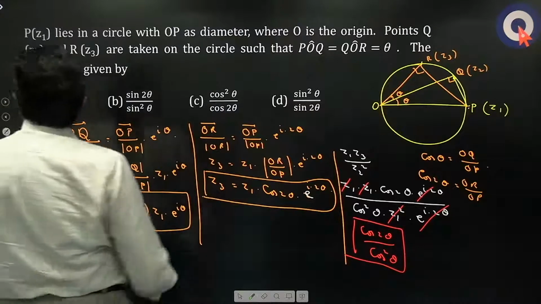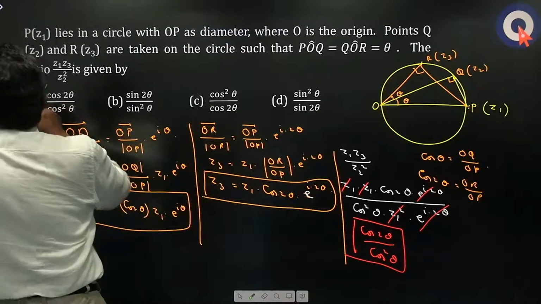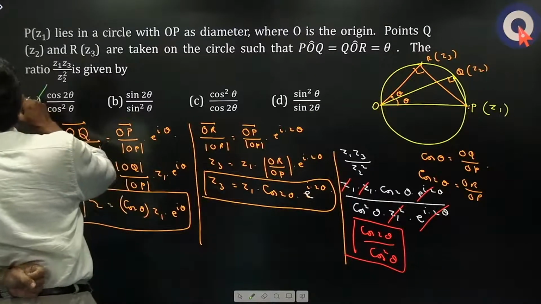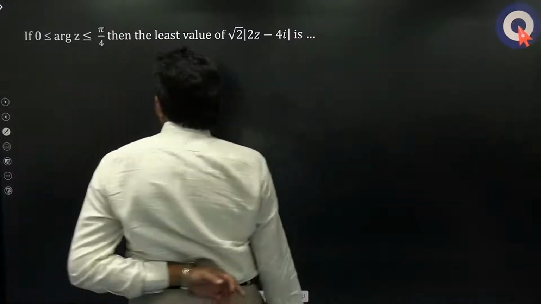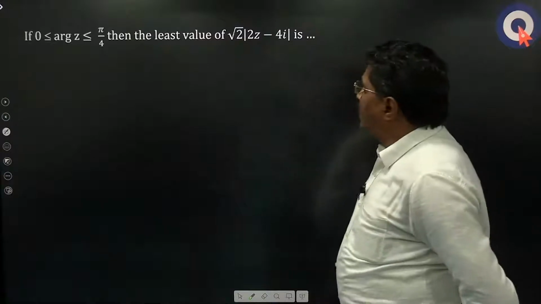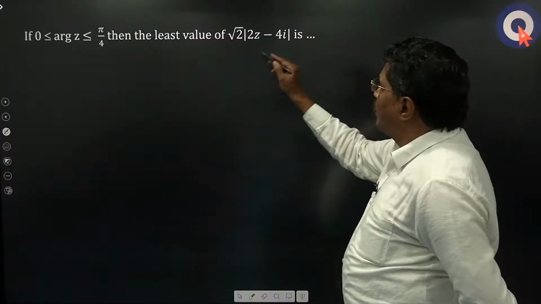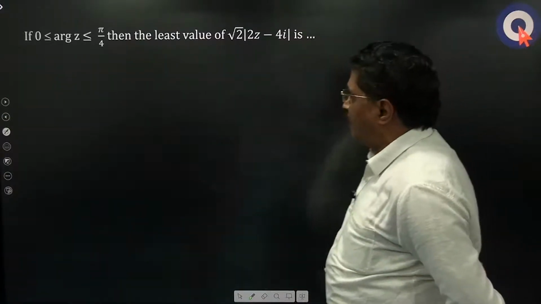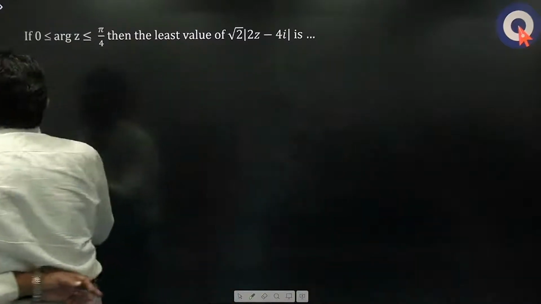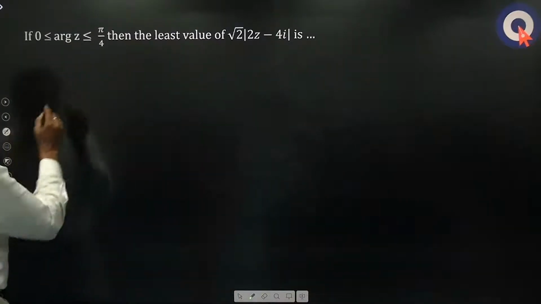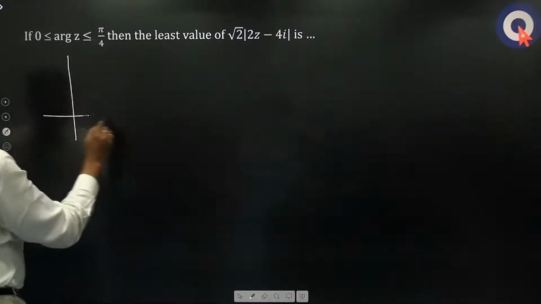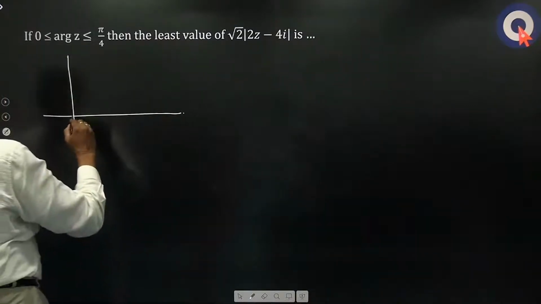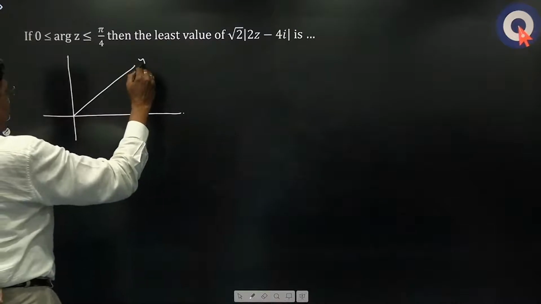Okay. So then, if arg z lies between 0 to pi by 4, then the least value of root 2 into mod of 2z minus 4i. All right. So here this is the line y is equal to x.